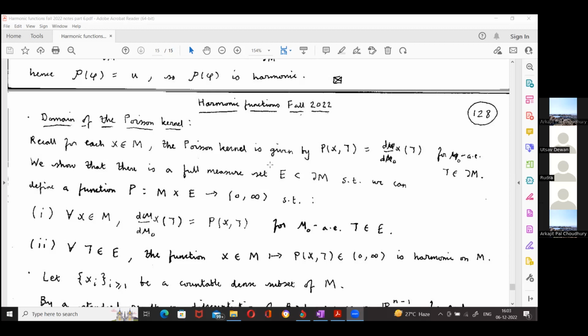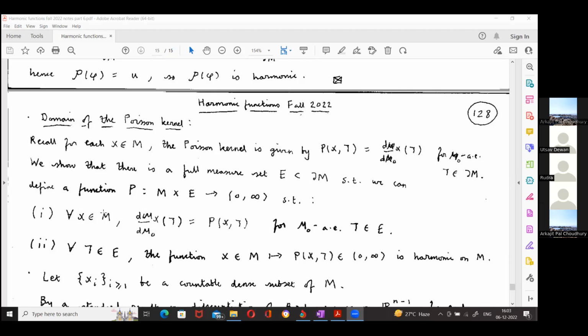So E here is a full measure subset of the boundary of M, such that for all x in M, d mu x, d mu naught of xi is equal to p of x, xi for mu naught almost every xi in E. So this same set E works for all x. That is the point here.